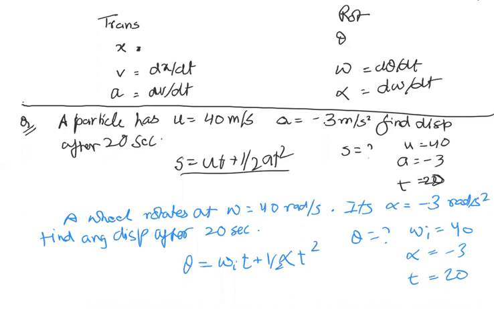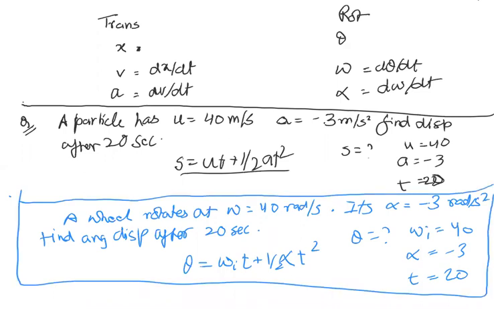You understand this? Everybody understand this? This is the easy, analogous problem of rotation with translation. So if you see any kinematical problem in rotation, then what you have to do is simply work out its analog.